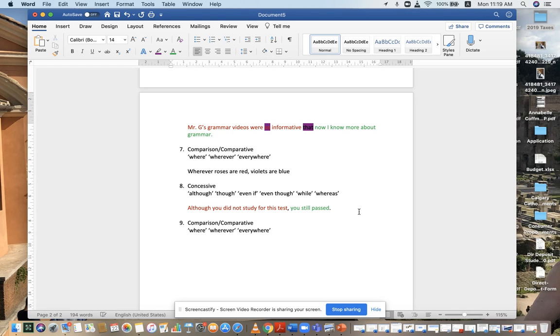And last but not least, at number 9, the purpose clause. So in other words, what is the purpose of you doing something? And it's usually introduced by so that, lest, kind of like in lest we forget, and in order that.